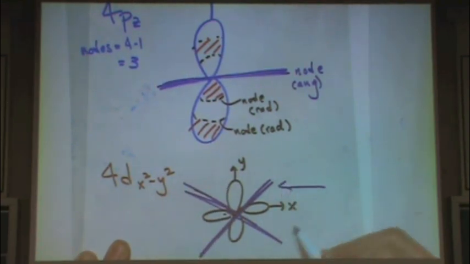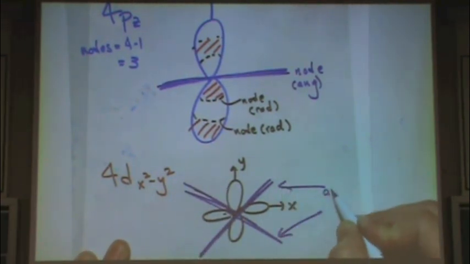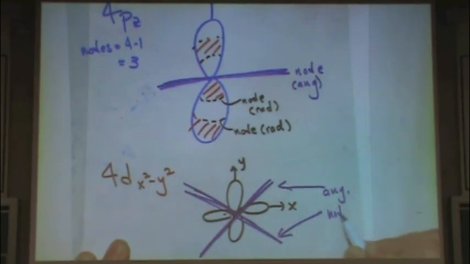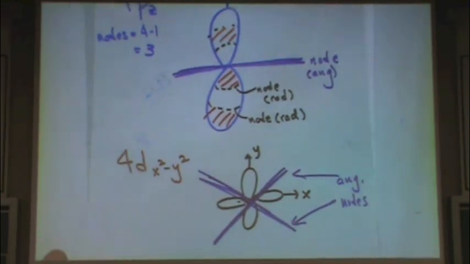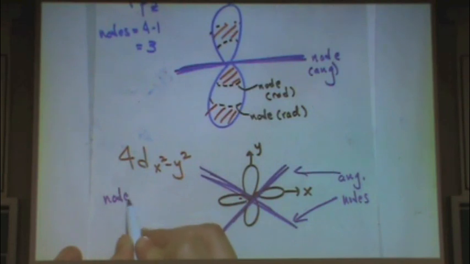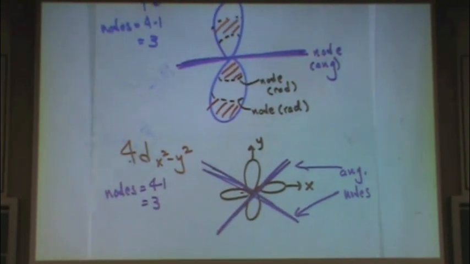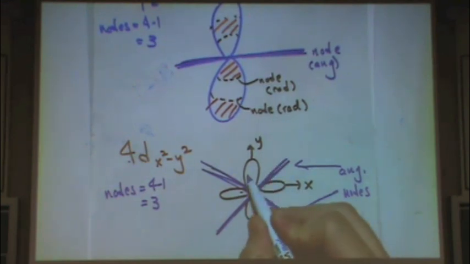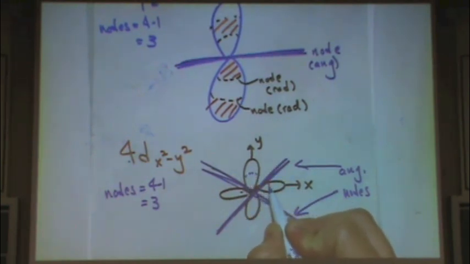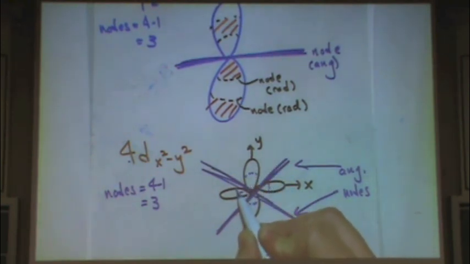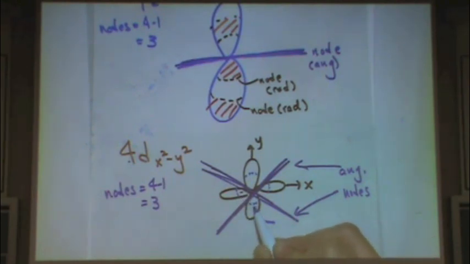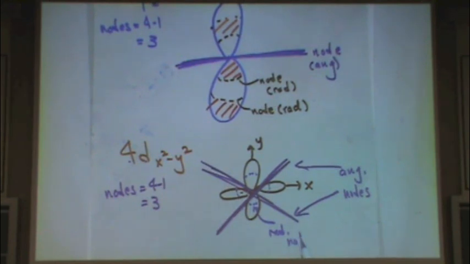So this and this are the angular nodes, and that's two. What's the total number of nodes, by the way? 3. Yeah, 4 minus 1, just like above. So there's one more node, and that's the radial node. It'll look like this: a circumscribed circle going through all 4 lobes of the clover leaf. And this is the radial node.